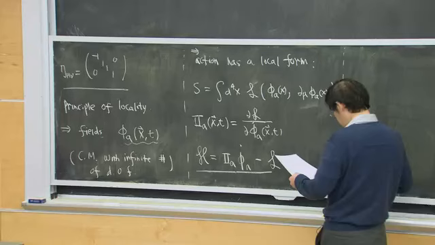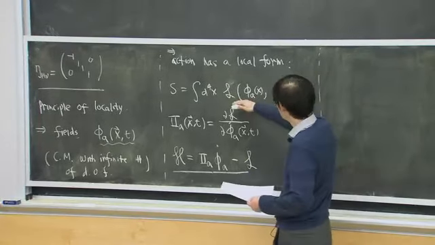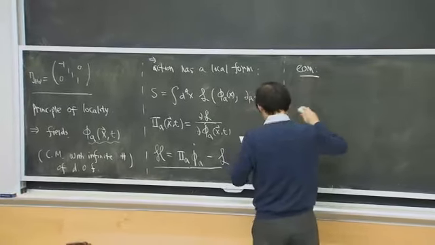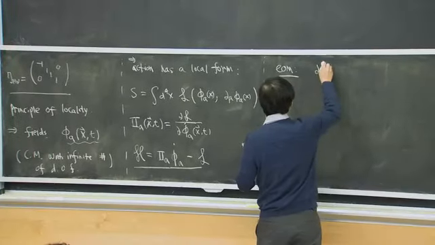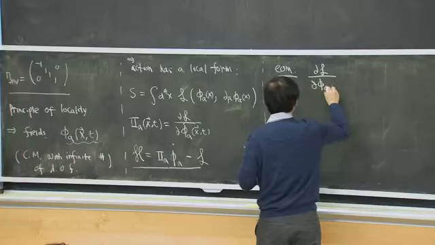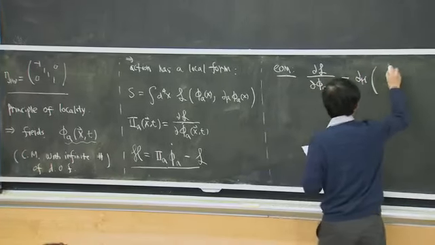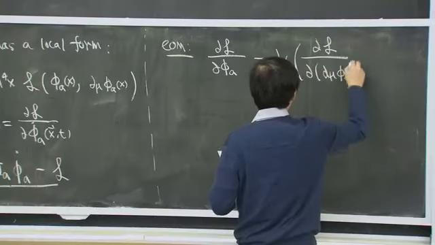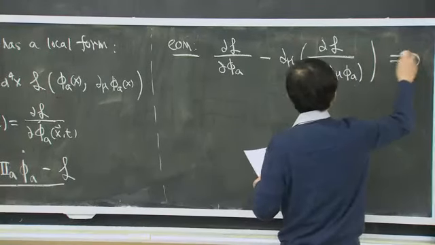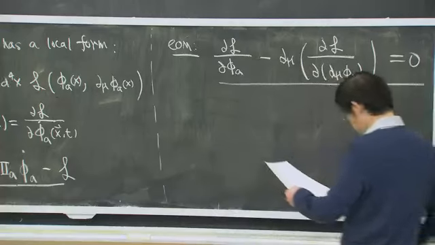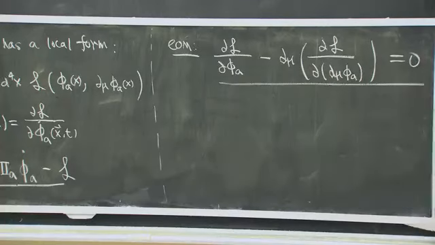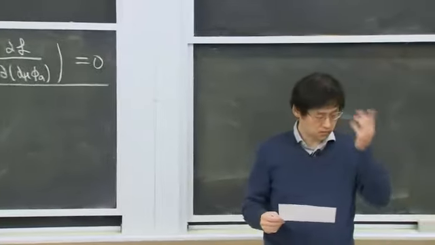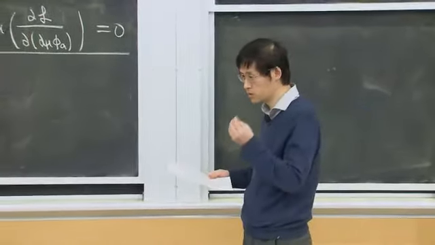Also, when you do the variation of the action, you find the equation of motion is given by the following general form. When we study field theory, as with any other subject, we always start with the simplest examples.